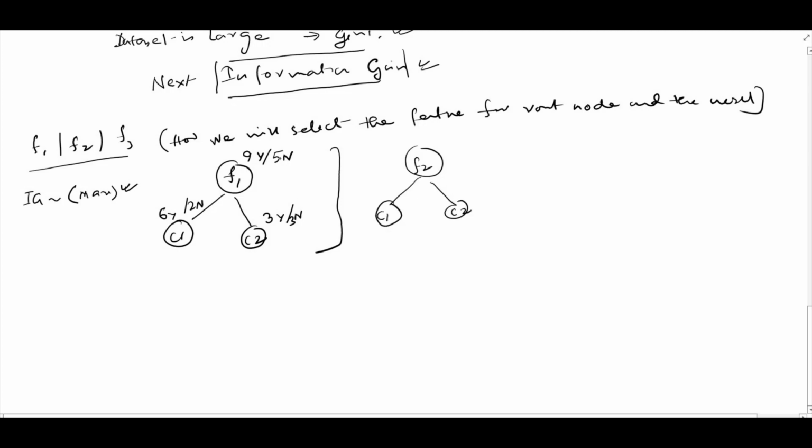Now we are trying to decide which one is better. Let's first calculate the information gain. The formula of information gain is H(S) minus the summation of |Sv| divided by |S| times H(Sv). First we'll calculate the entropy of the root node.